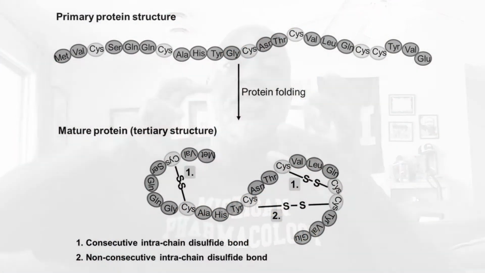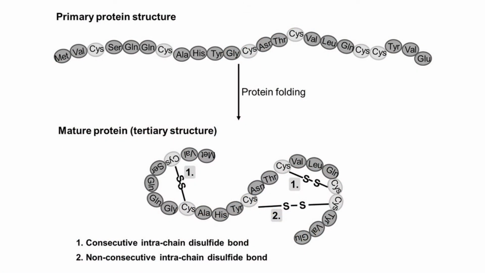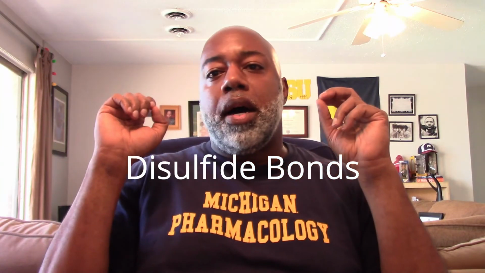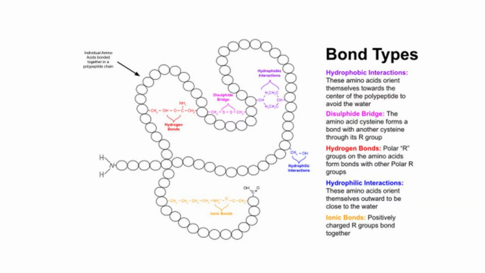So when that protein goes to fold in its three-dimensional conformation, those sulfhydryl groups, those cysteines, find themselves in proximity, and you can get a sulfhydryl linkage. In some instances, again, some of the amino acids are polar, so you can get hydrogen bonding between different parts of that protein. That helps it form its three-dimensional conformation.